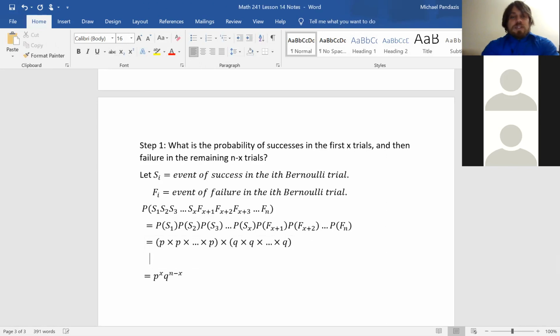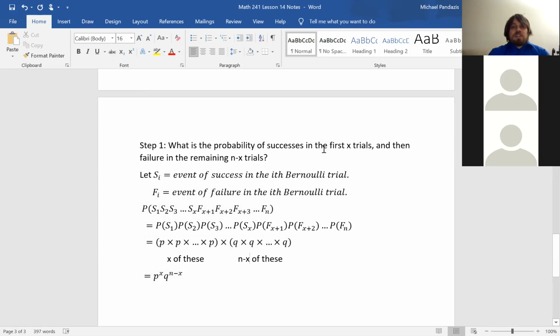And that's because there are little x of these p's and there are N minus x of these q's, so it's p to the x times q to the n minus x.